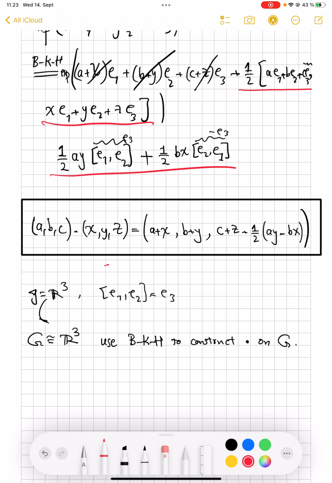But remember, for our Heisenberg group, the way we introduced it, the bracket of E1 and E2 was negative 4 times E3. Remember, we had this x and y bracket is negative 4, t being the vertical axis, x and y being the usual ones.